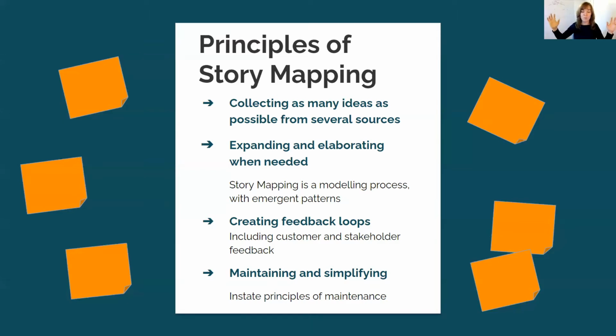So you need to instate some kind of principles for when you remove stuff, how you save stuff once it's done, what needs to be there all the time so that it's something you continually work from, and what doesn't need to be there once it's done. You make these principles together with your team.